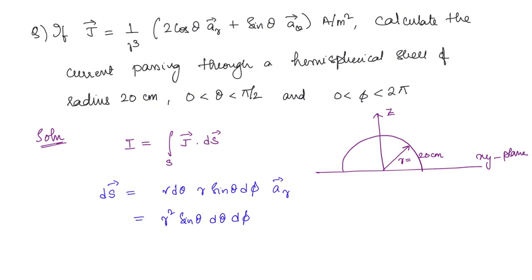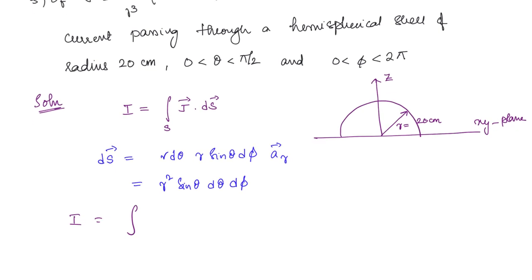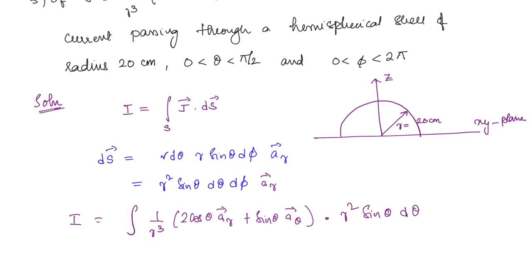Okay. So now you can write I is equal to the surface integral of J bar, which is 1 by R cube into 2 cos theta AR bar plus sin theta A theta bar, dot R square sin theta D theta D phi AR bar.